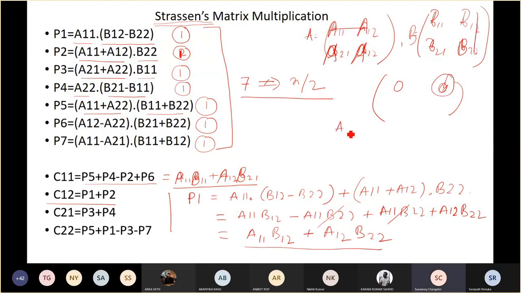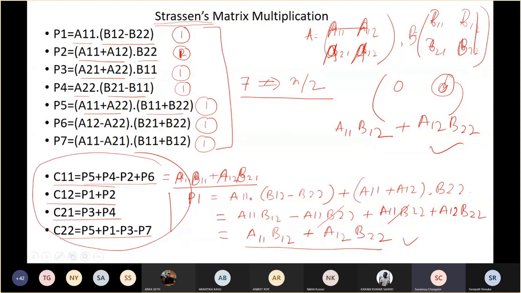So we must get A11 multiplied with B12 plus A12 multiplied with B22. Yes, we have got the same. Therefore, if you check for C21, C22 and C11 also, we will find that this gives the correct result. So in this way, we can solve the problem by using 7 multiplications.